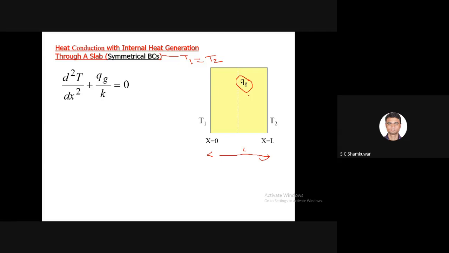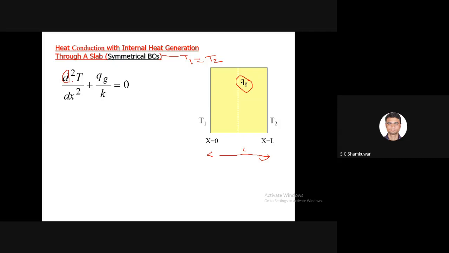Due to the internal heat Qg, we will apply the Poisson equation: d square T by dx square plus Qg by K is equal to 0. Again, we use d, not delta, because there is only one direction.